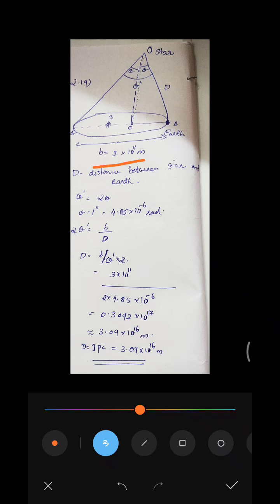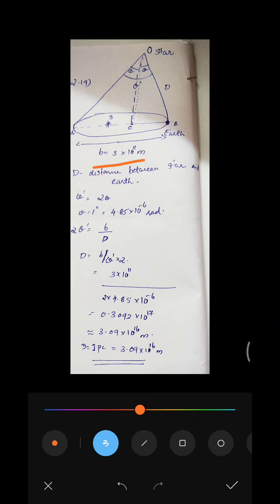Now the real question is how much is a parsec in terms of meters? Here the D value is actually 1 parsec. So if you find the D value in meters, you can obtain the value of parsec in meters.